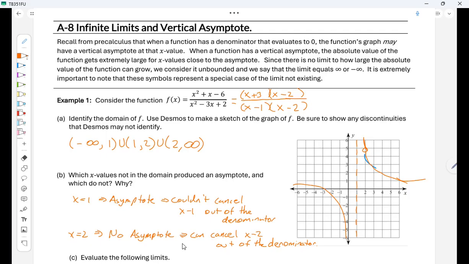You now have the coordinates of that hole: the x value you're taking the limit at, and the result. That 5 does come from taking those x minus 2's away and plugging 2 into what's left. 2 plus 3 is 5. 2 minus 1 is 1. 5 divided by 1 is 5. So that is the big picture of how this works.